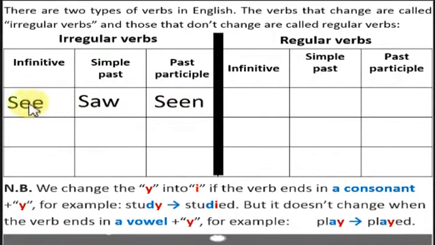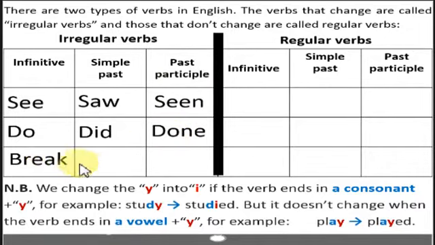The verb see means نظر أو شاهد يشاهد أو نظر ينظر. Another verb, the verb do, فعل يفعل. In simple past it becomes did, and in past participle it becomes done. And the verb break, كسر يكسره, becomes broke in simple past and broken in past participle.